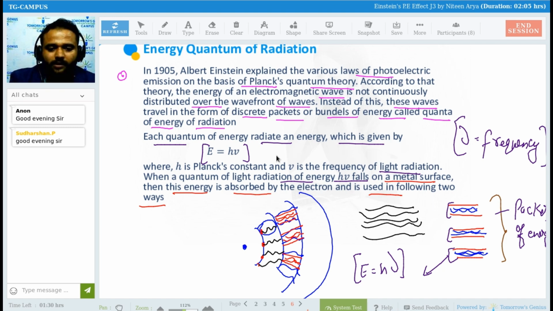This line is important. This energy is absorbed by the electron and is used in the following two ways.